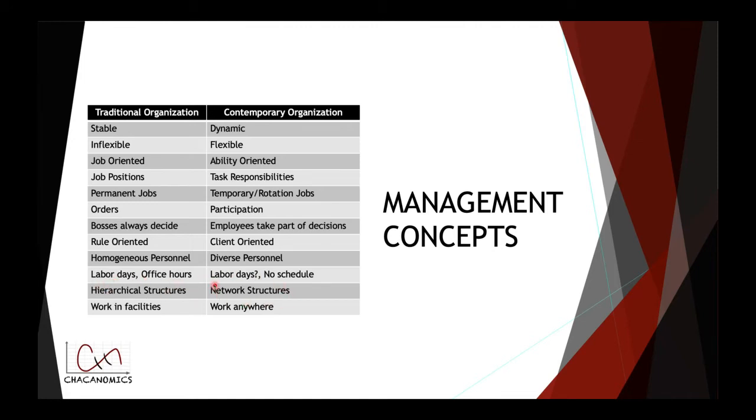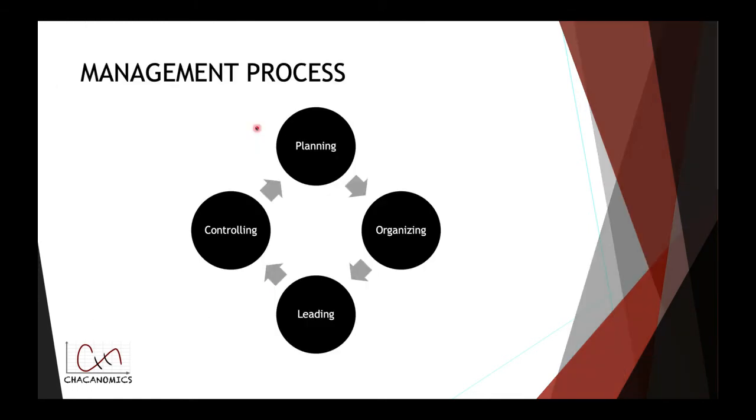This means the company works with relationships, understanding that each individual needs the others, not with orders. And because we have a flexible and dynamic way of working, we usually can work anywhere. If you have noticed, with this pandemic emergency, contemporary organizations are the ones that are leading the way, the ones that are surviving this time of crisis.